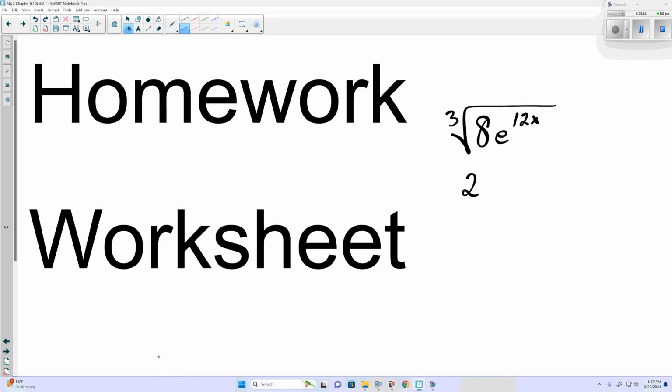Now, when we had powers of powers, we multiply. So what do we think a cubed root of a power would be? What operation? We take the cubed root. When we did powers of powers, we multiply. So this time we would do 12 divided by 3. Because when we take a radical of an exponent, we divide the exponent by the root, the number inside the radical.